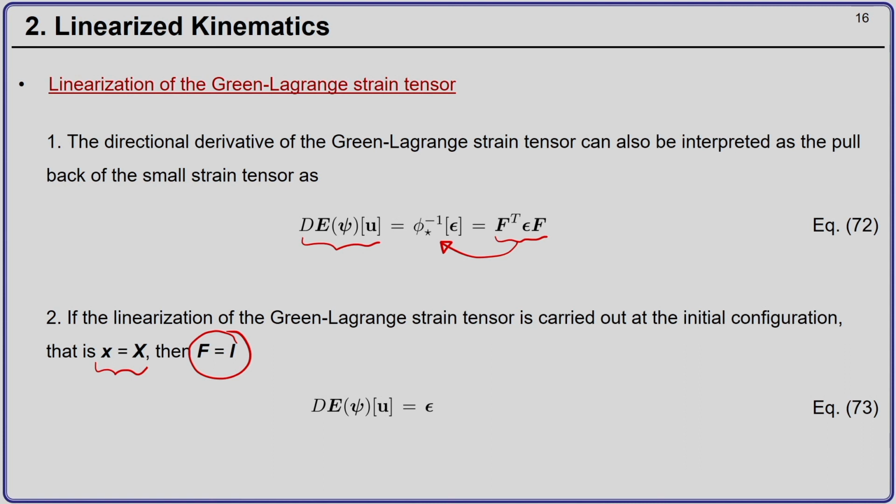So, in equation number 72, if I substitute F as identity, F transpose epsilon F will be I transpose epsilon I, which is nothing but epsilon. So, when I linearize the Green-Lagrange strain tensor about the initial configuration, I get nothing but the small strain tensor. In linear elasticity, your initial and final configurations do not change by much, so your Green-Lagrange strain tensor boils down to nothing but the small strain tensor.